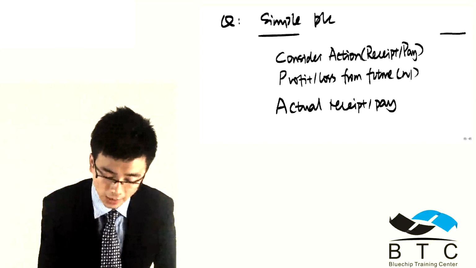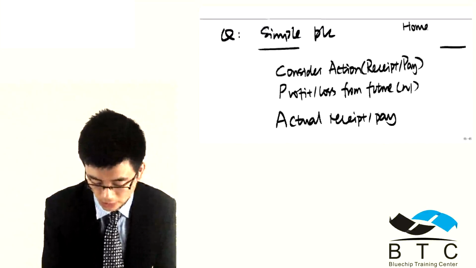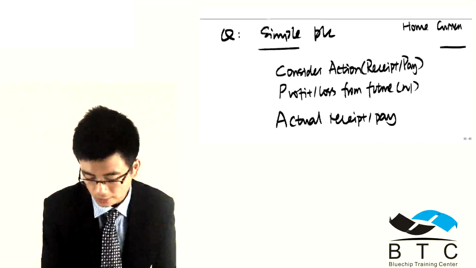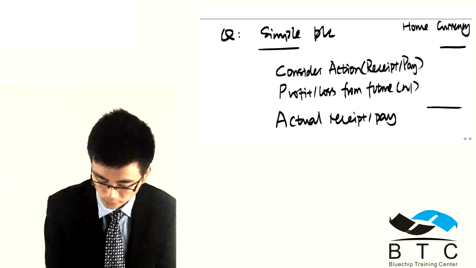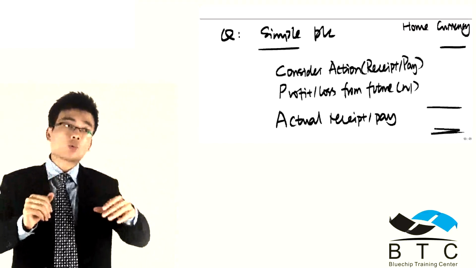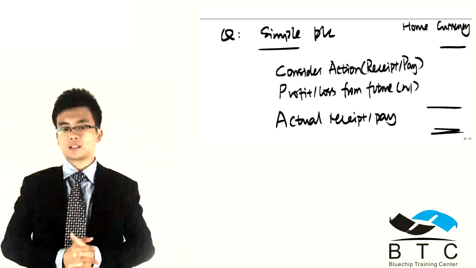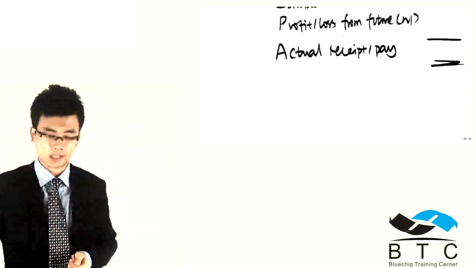And here it is the home currency, just to bear in mind, because you're calculating what is the actual receipt or payment from your perspective. So that's why we need to use the home currency here.